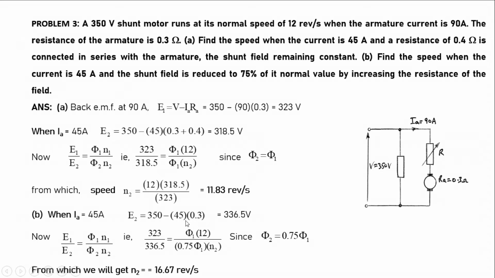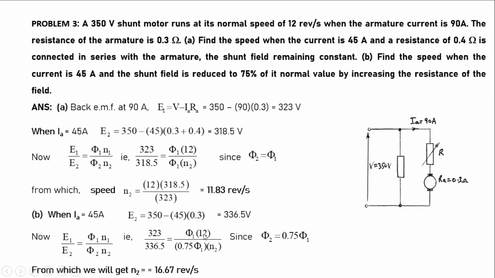What is E2? The formula for E2 is V minus Ia Ra. So V is 350 minus Ia, now 45 amps, Ra is 0.3 ohm. In this condition it is not told to add the extra 0.4 ohm resistance. It has been told only that there is a change in armature current. So E2 is 350 minus 45 into 0.3, which gives 336.5 volts.